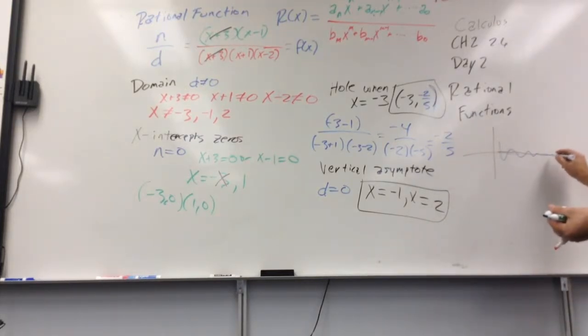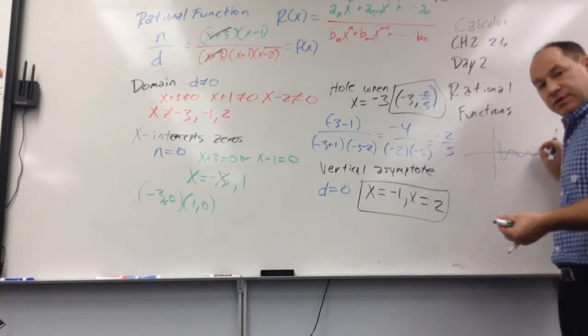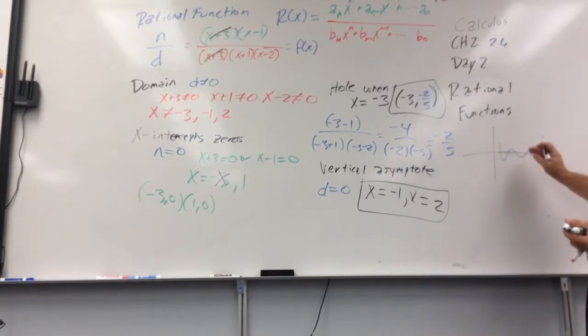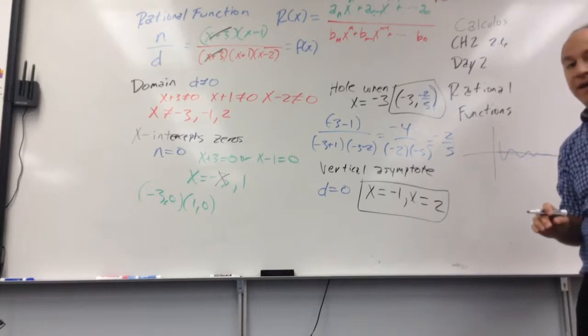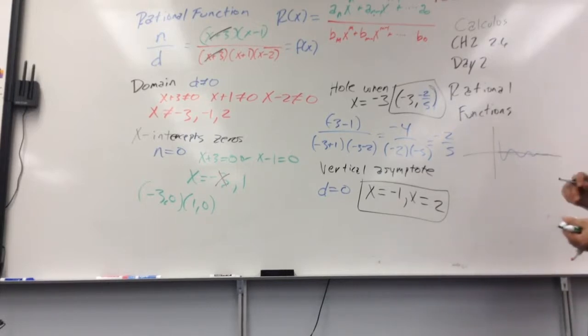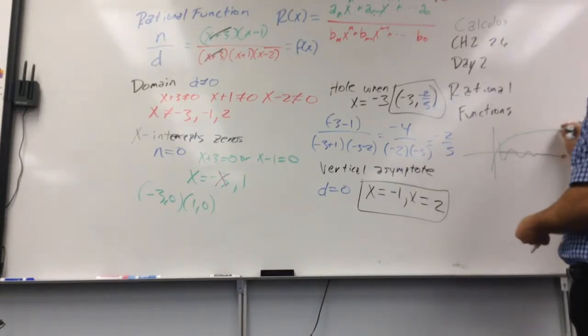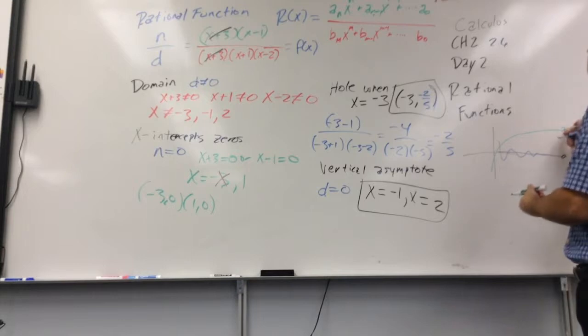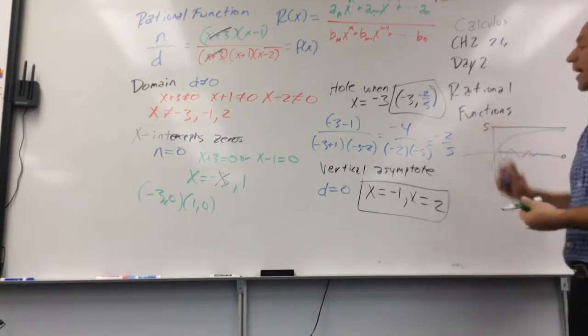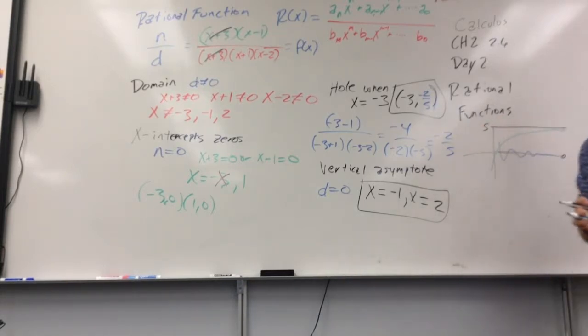When in reality, as long as it keeps getting closer and closer to that value of 0, there's a horizontal asymptote, even though it crossed many times back here. Okay? And that horizontal asymptote would be at this height of 0. We might have a different function that might level off and go like this. Okay? And if that height that it levels off at is, say, 5, there's a horizontal asymptote at 5.